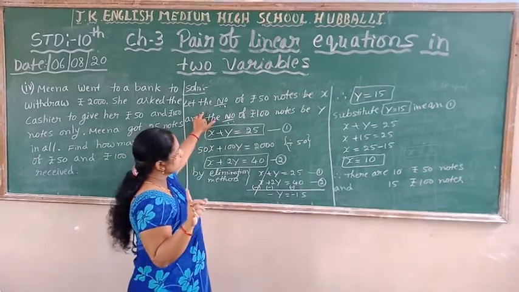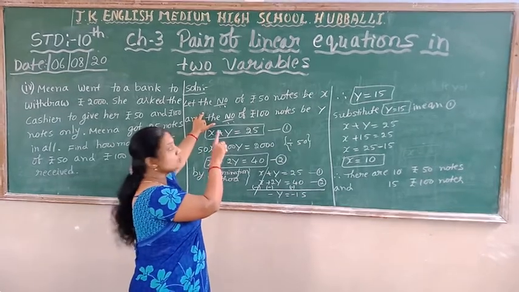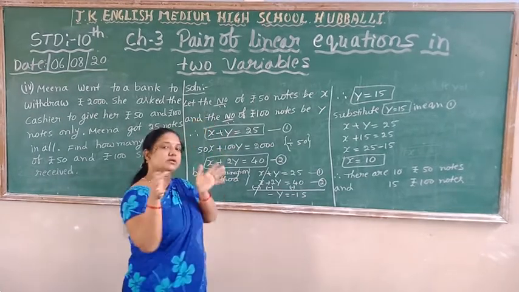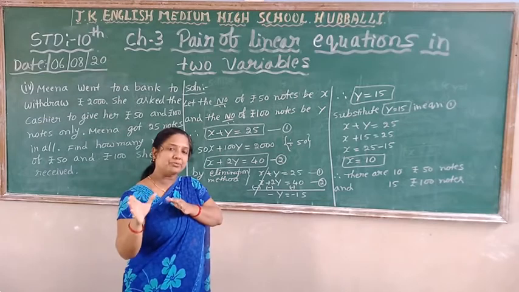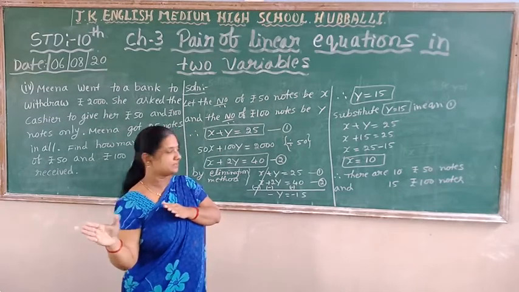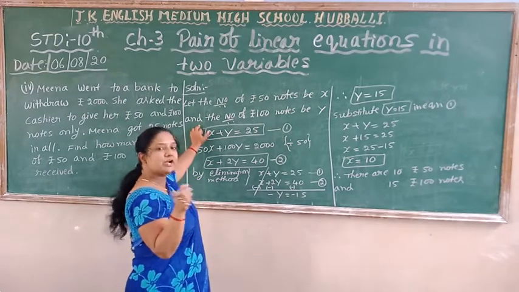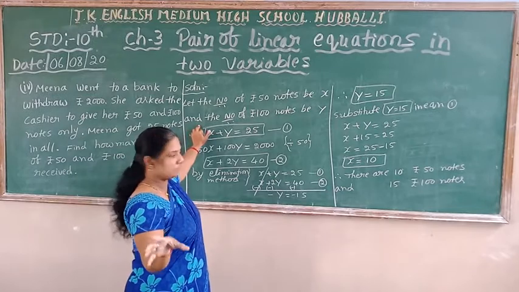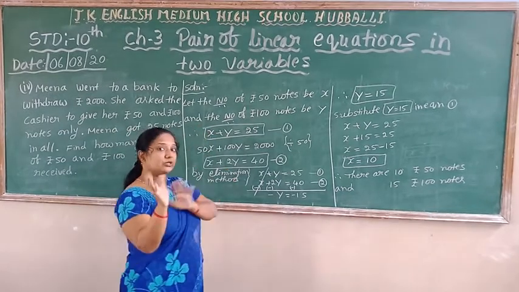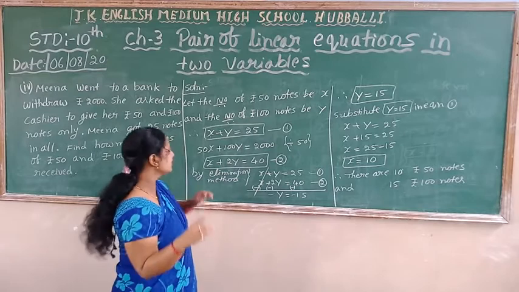Let the number of rupees 50 notes be x, and the number of rupees 100 notes be y. She got 25 notes in total.